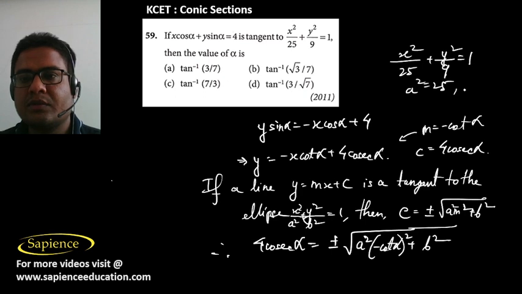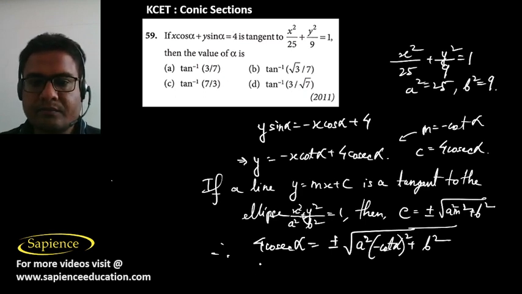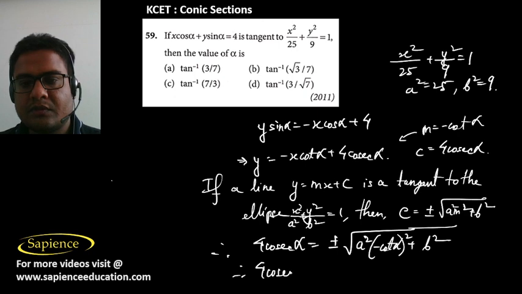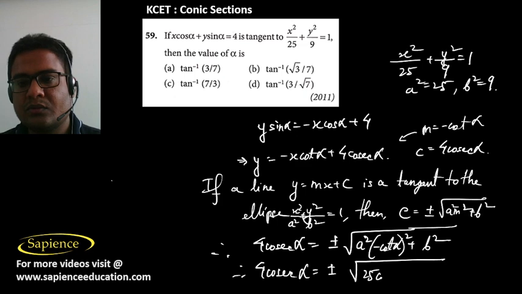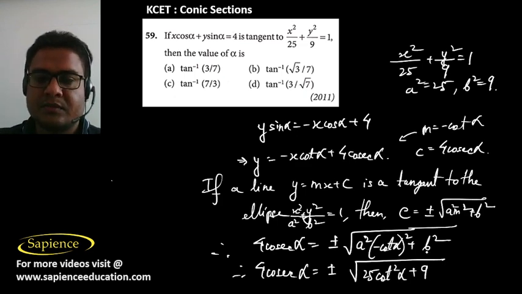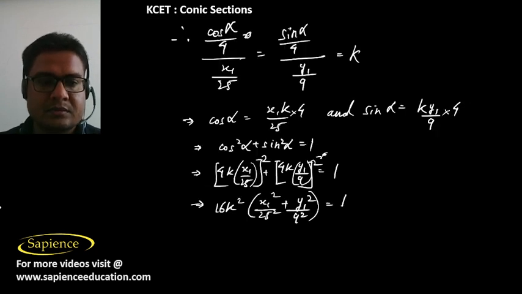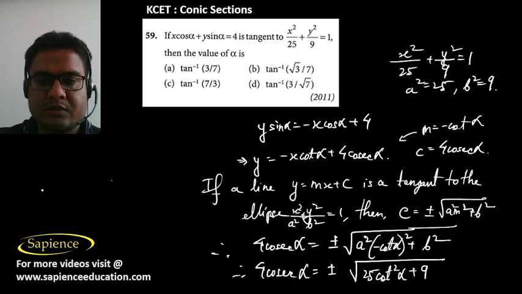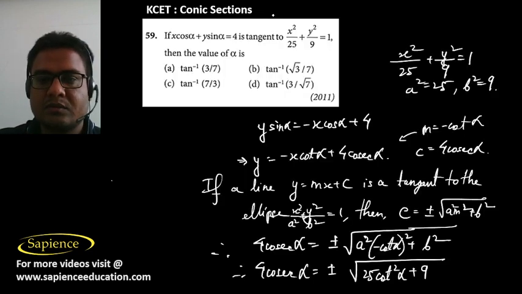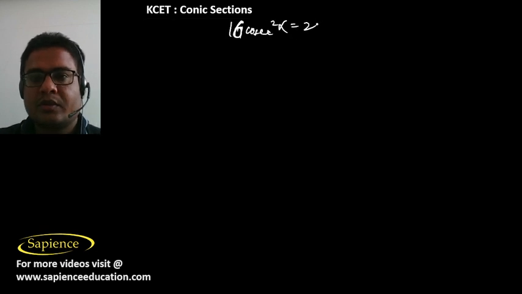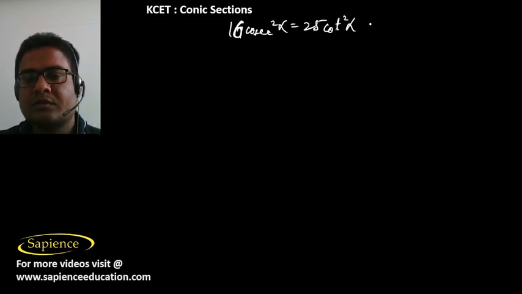So a square is 25 and b square is 9. So 4 cosec alpha will be equal to plus or minus square root of 25 cot square alpha plus 9. If we square both sides, then it will be 16 cosec square alpha equal to 25 cot square alpha plus 9.